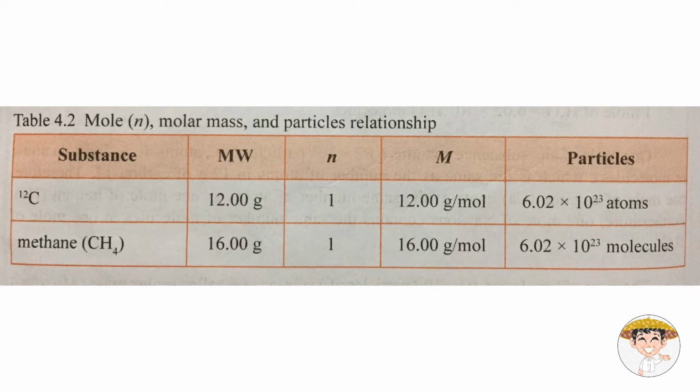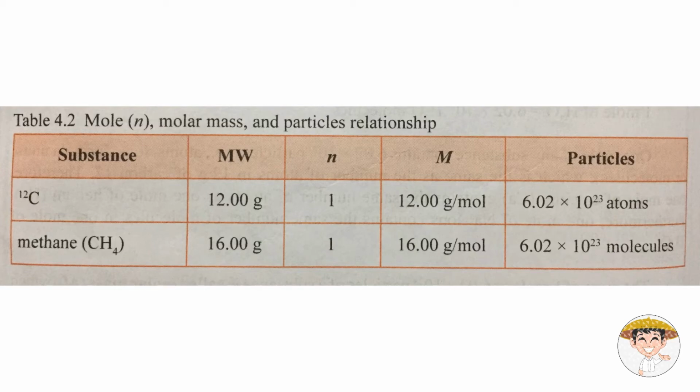Now, how do we get its molecular weight and molar mass? It is the same process, only the unit is different. This is what we are going to do. We are going to separate by element. We have C and H. We have 2 elements present in methane: carbon and hydrogen.